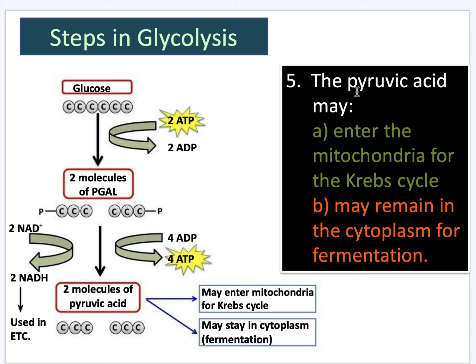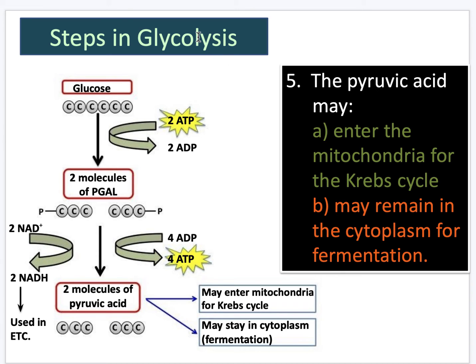So in other words, the pyruvic acid will either enter the mitochondria if there is oxygen present, or if there is not oxygen present, it's going to remain in the cytoplasm for a different process called fermentation. Okay, so in cellular respiration, glycolysis is always the first step.